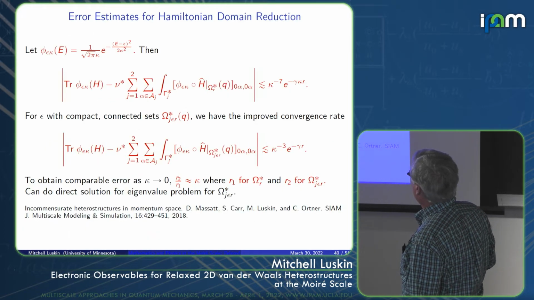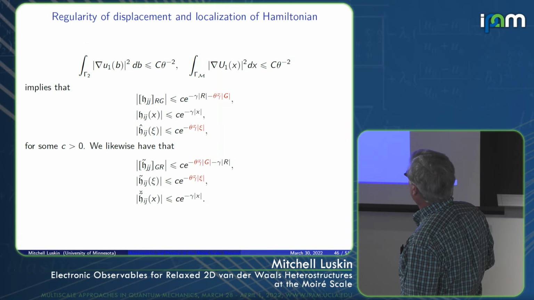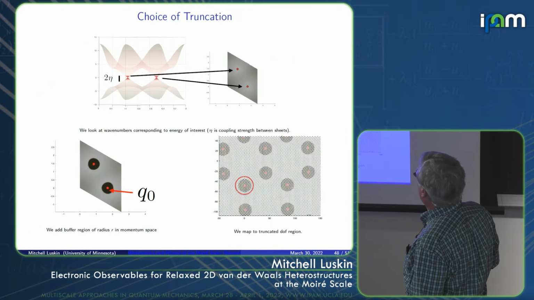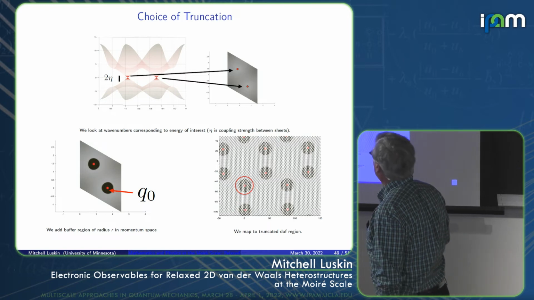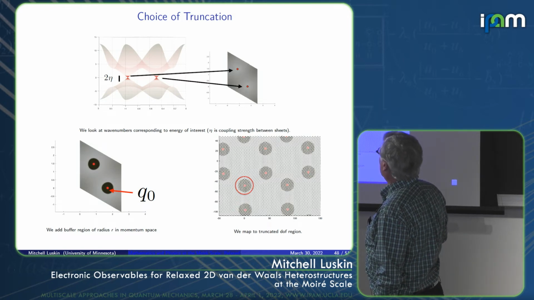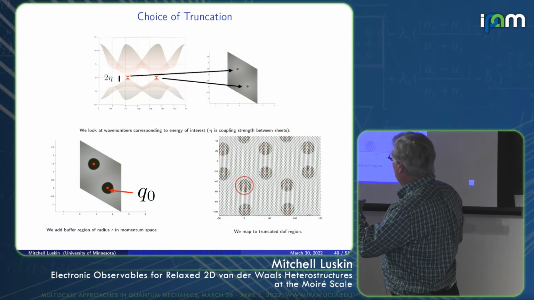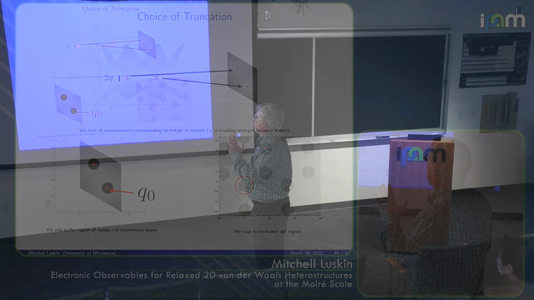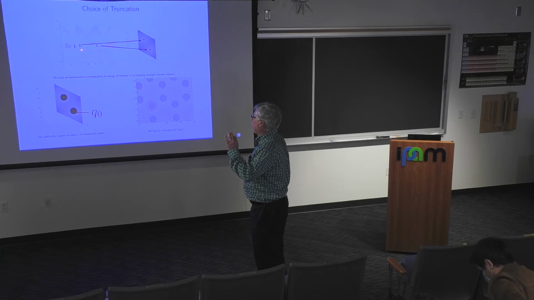Maybe I should go to this next, a picture here. What we want to do: here are the band structures of each layer, and we really just want to focus on this energy region.